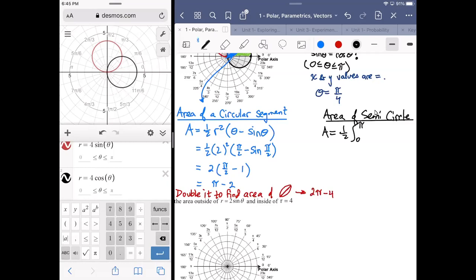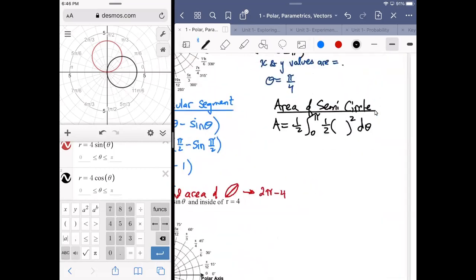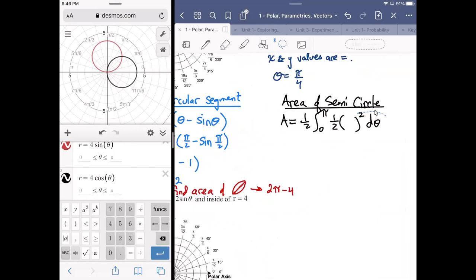We're looking at 1/2 r squared d theta. Now that circle, I think I actually need a little bit more width. That's the black one, which I plotted representing 4 cosine theta. So I'm just going to jot 4 cosine theta.